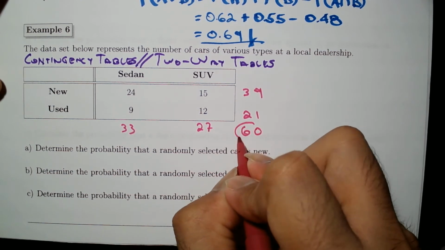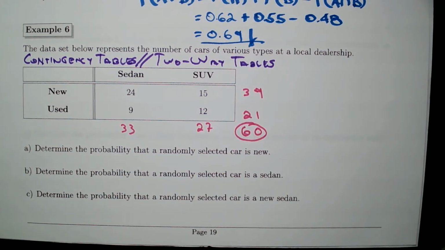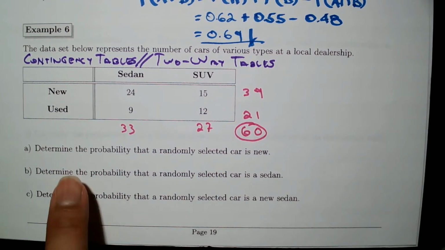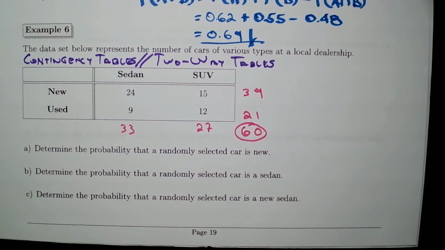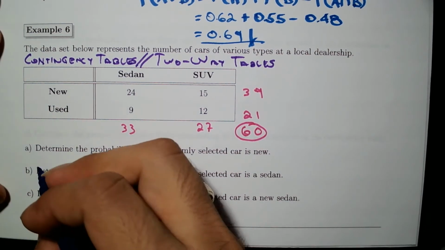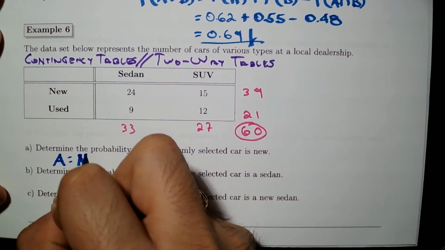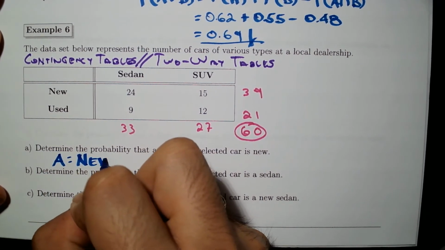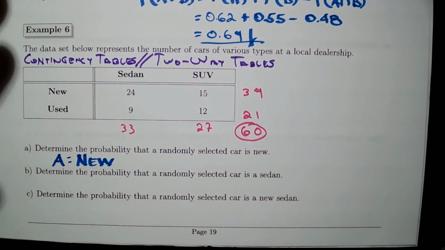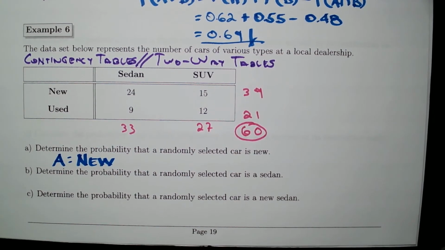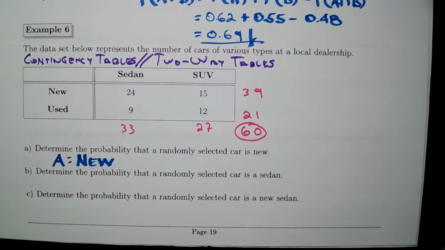That's the grand total. Okay, so in this case, how are we going to find the probability that a randomly selected car is new? Let's define the event A to be a new car. It's not being specified whether this car is a sedan or an SUV, just any new car.